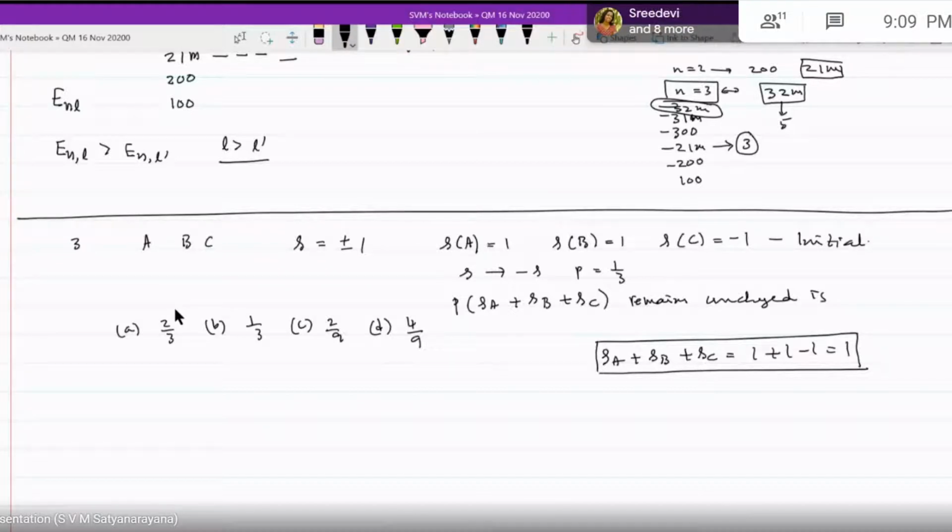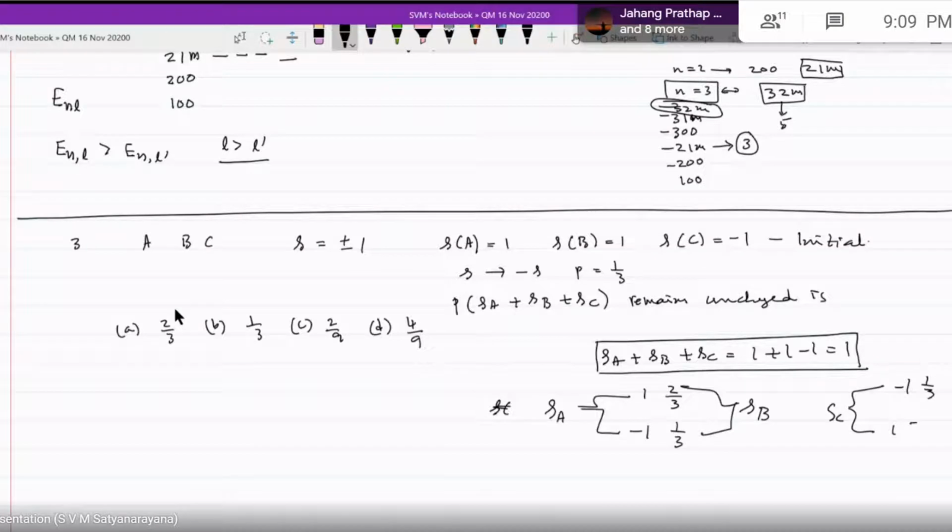So SA remains 1 with 2/3 probability, then goes to minus 1 with 1/3 probability. Same thing with SB, and SC remains minus 1 with 2/3 probability and changes with 1/3 probability.